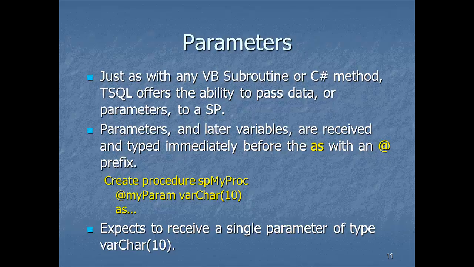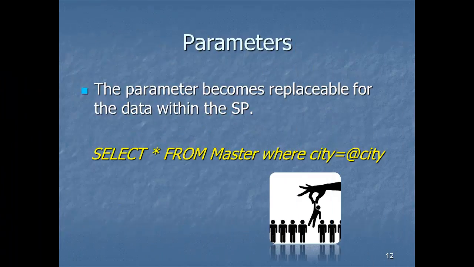When the data is passed in, it's going to be referred to as @myparam, and it's expecting to receive varchar type data or string type data. When we pass that string data in, by the way, when we call the stored procedure, it will have to have apostrophes around it, not quotation marks. When you pass a parameter, it has the same scope as a variable, which we're going to discuss later.